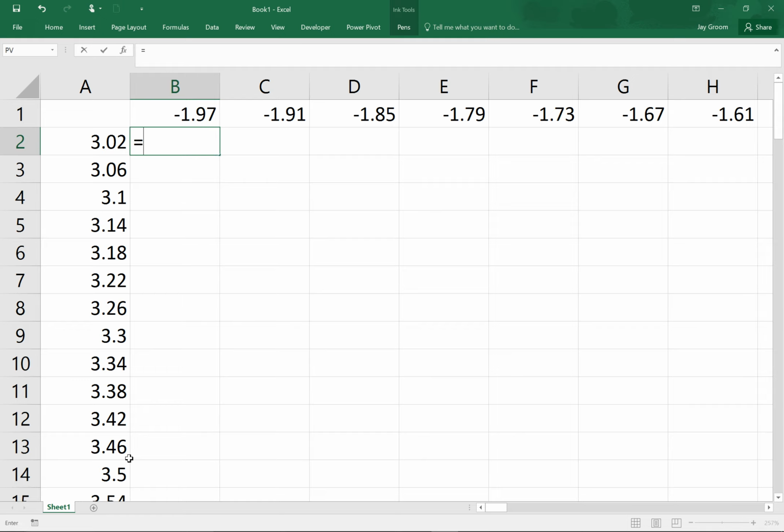Anyway, so watch. Equals. Now, what was my formula? 3x over 1, so 3 times x. I want to keep that in the top row, so I put the dollar sign on the 1. There you go. And then divided by y. I want to keep that in column A, so put it there.